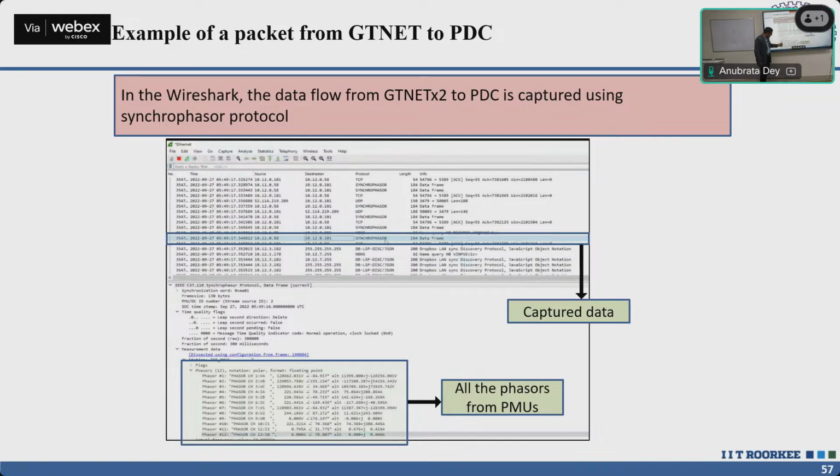Here you can see phasor one, that is your VA, with some magnitude and angle. Then you have VB, again magnitude and angle, VC, then IA, IB, IC, V1, V2, V0, I0, I1, and maybe frequency, which is not there here. So this data the PMU can send using the C37.118 protocol to the PDC.